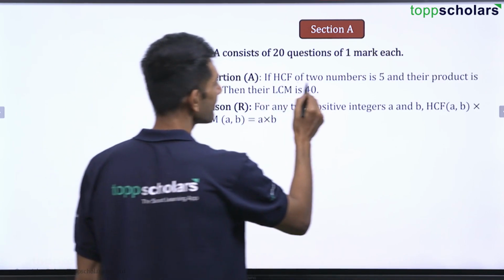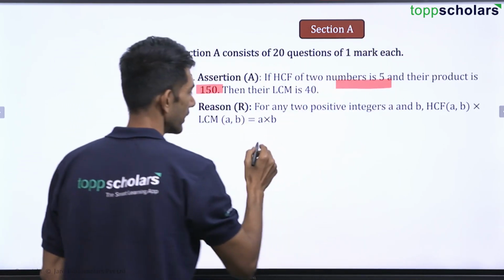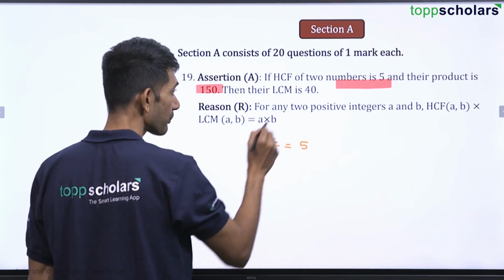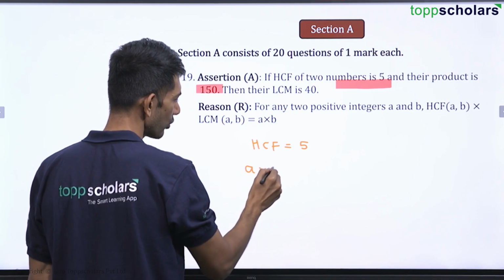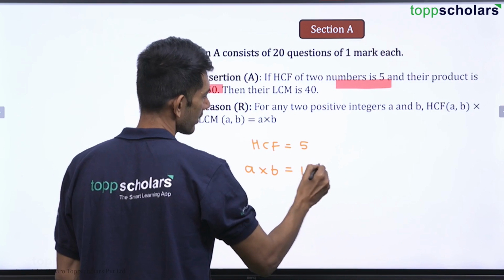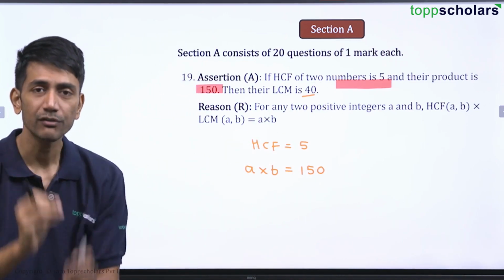It says HCF of 2 numbers is 5 and their product is 150. HCF is how much? 5. Product means multiplication. A into B is how much? 150. Then the LCM is 40. Okay, let us check if this is true. What is the formula that we know?